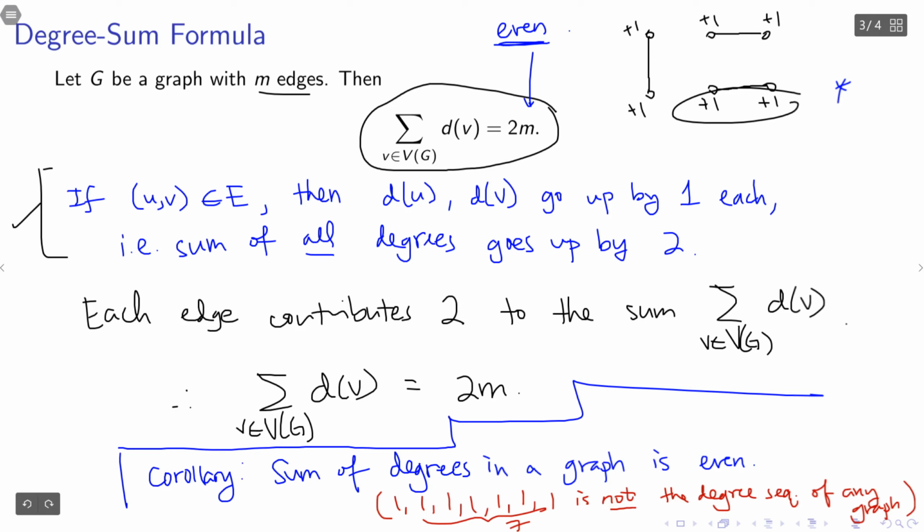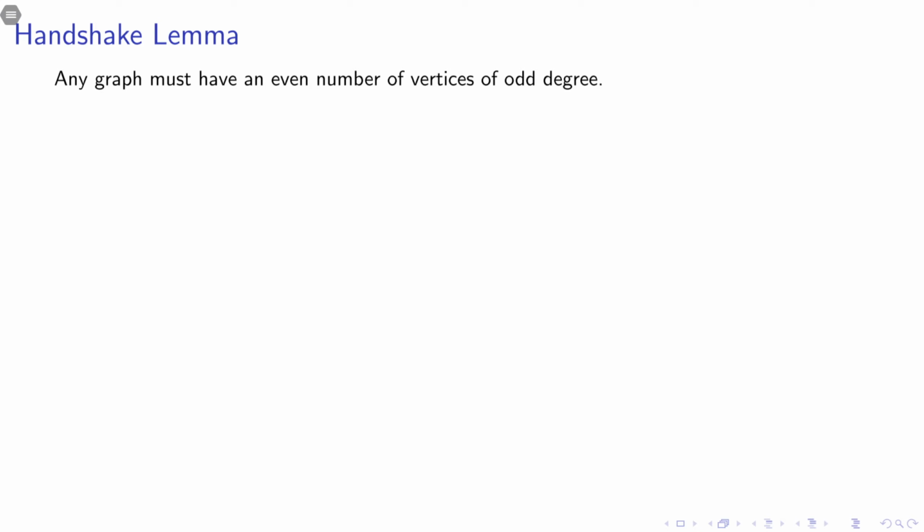And in fact, one other result that's a consequence of this degree sum formula is this one, right? It's not just talking about the total sum of all the degrees. Well, if you know that the degrees all sum to an even number, what that means is, sure, you can have vertices of odd degree. It's just that there has to be an even number of them. So I can do something like 2, 2, 2, 1, 1, 1, 1.